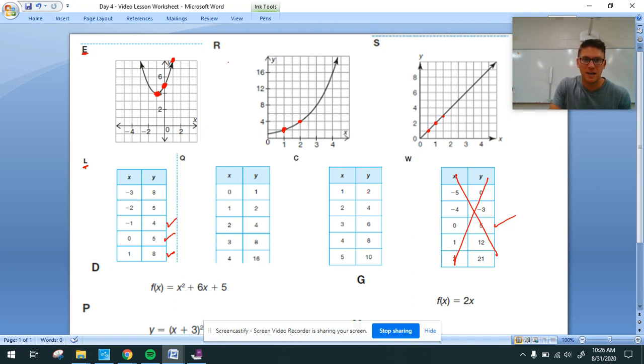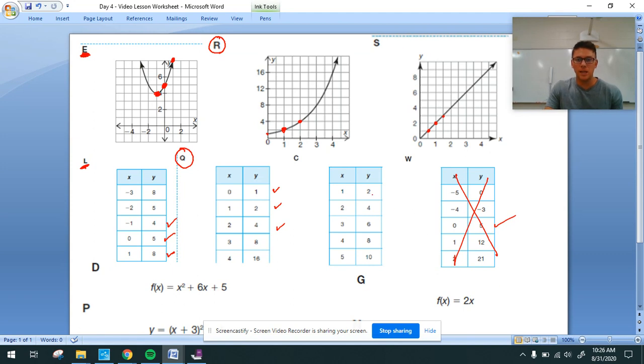So what should stand out is that R matches up with the exponential 0, 1, 1, 2, 2, 4. Each of these points are matching up. R matches up with Q. So we've got these two as a match, and we have R and Q as a match.